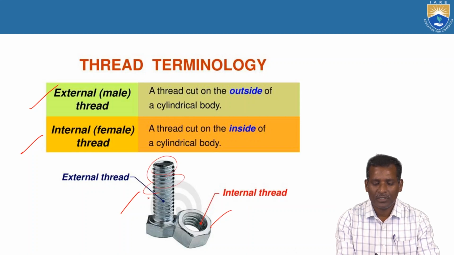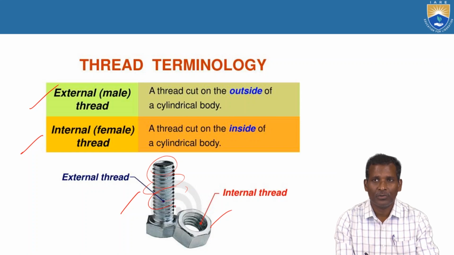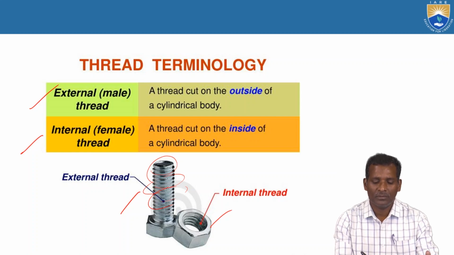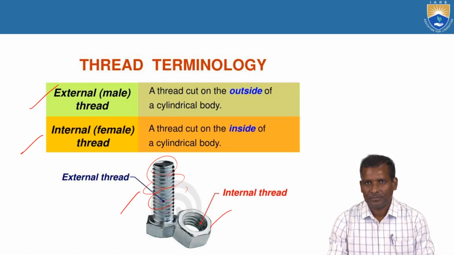In case of external thread, the thread is cut on the outside of the cylindrical body. This is called male and female. You can join this nut and this external thread for different applications.